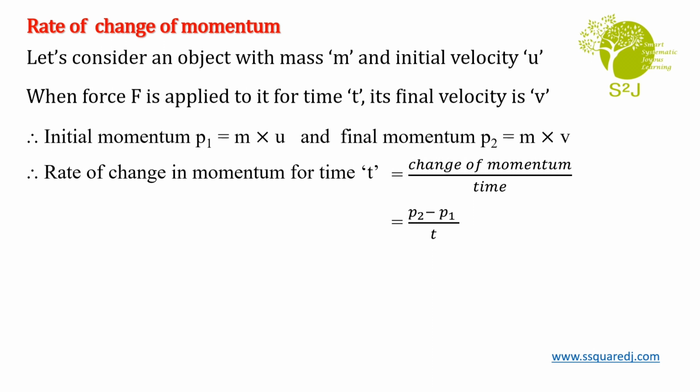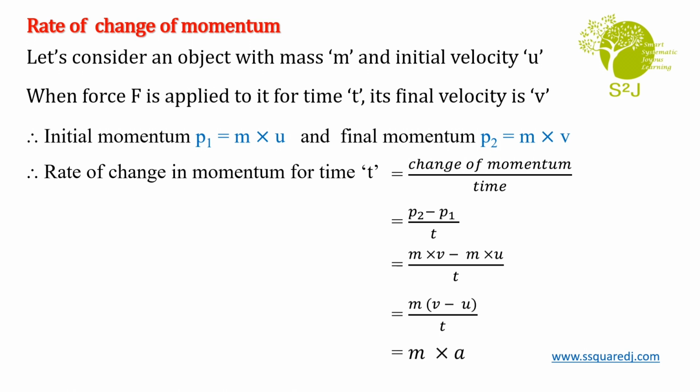Now let's move ahead. We will substitute our values of p2 and p1 in the equation. Here m is common, so we will take m outside and in the bracket we will have v minus u upon t. Does this formula look similar to something? Correct, it is acceleration.